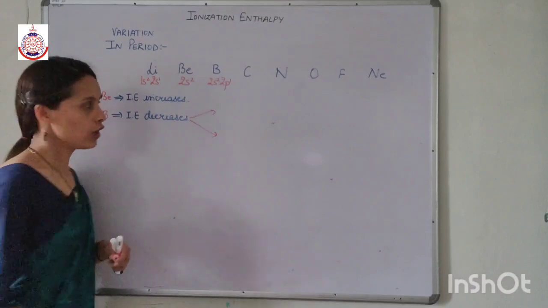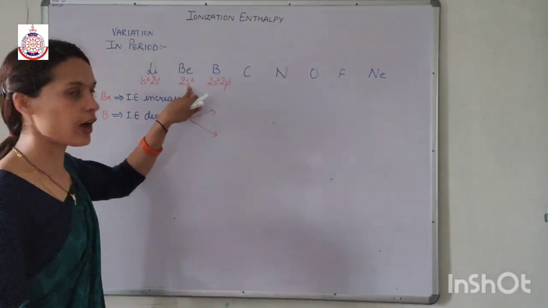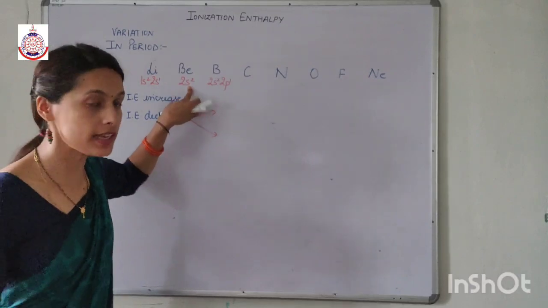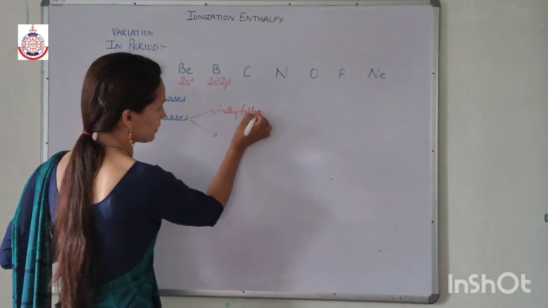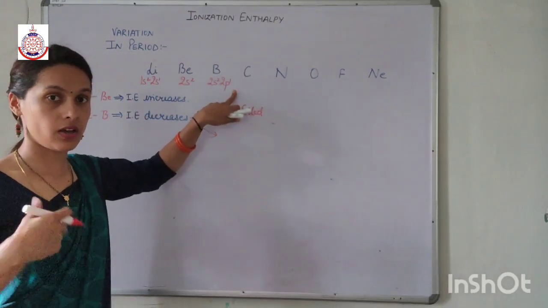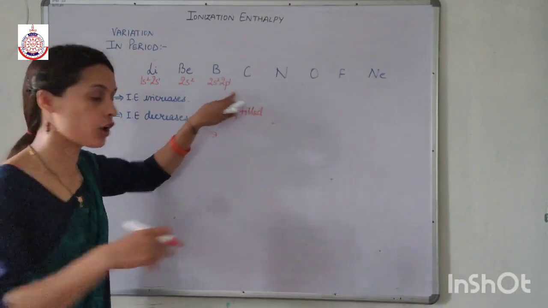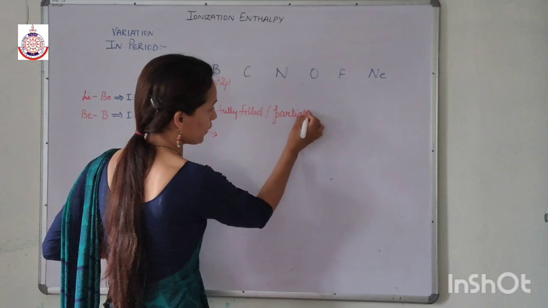explain this phenomenon. First, in beryllium the outermost orbital is the s orbital and it is fully filled. That's why it is stable. In boron, the outermost electron is present in the p orbital, which is partially filled.